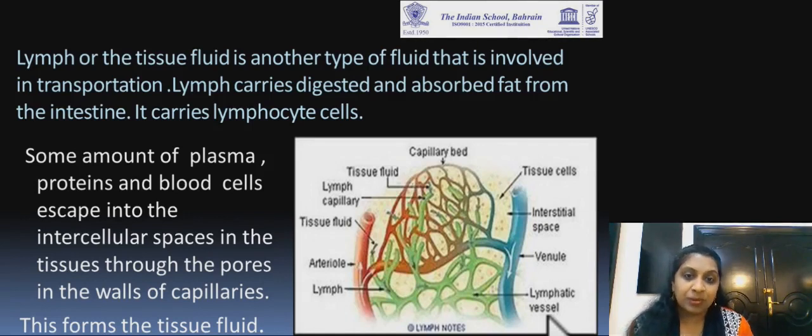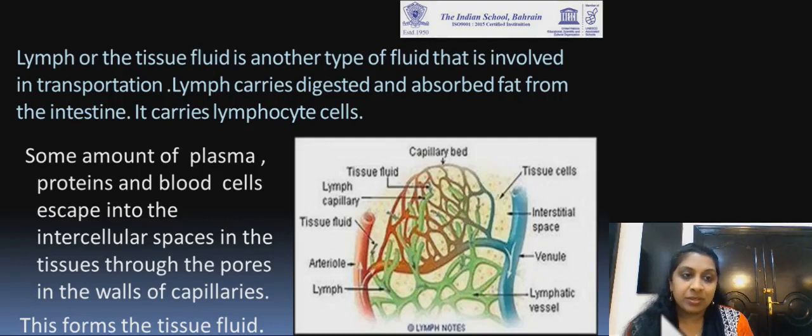So that is how the flow of lymph takes place. Now, if any bacteria or any such germ tries to attack the human body, the lymph carries it to special sites called lymph nodes, where the germ or the bacteria is completely destroyed.